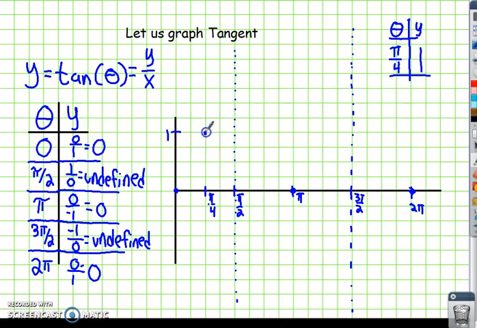Going strong so far. Then I go for the next one. We'll go 3 pi over 4. That gets me the y-coordinate again of 1, x-coordinate of negative 1. Something divided by itself is 1, and there's a negative version of it. 3 pi over 4 is right in here.